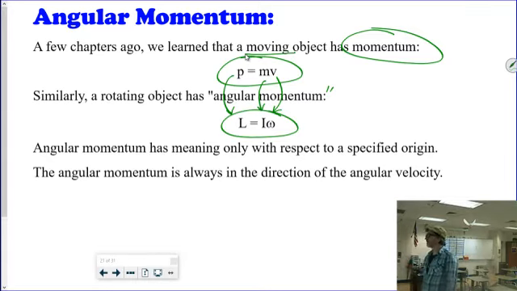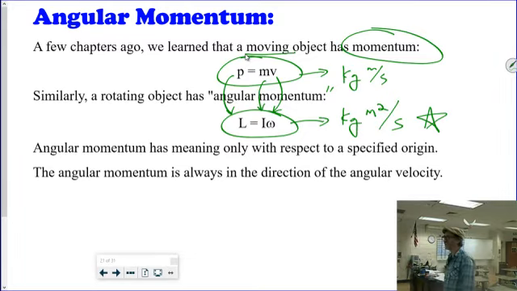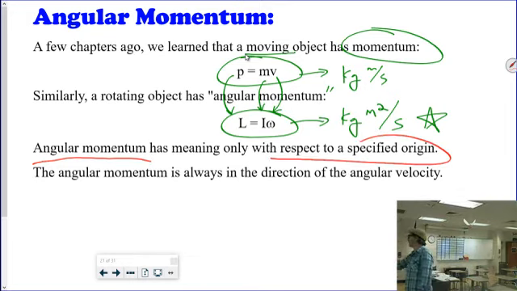Two quick things about that before I go on. Thing one is our units are going to be different. Momentum has units of kilograms times meters per second. Angular momentum has units of kilograms times meters squared per second, and I will explain that in a minute. The other thing I need to point out is that angular momentum only has meaning with respect to a specified origin.